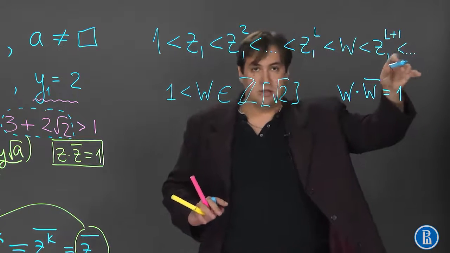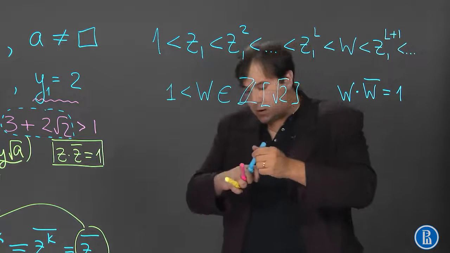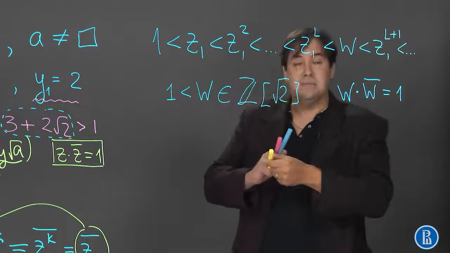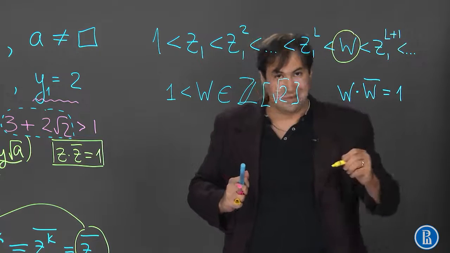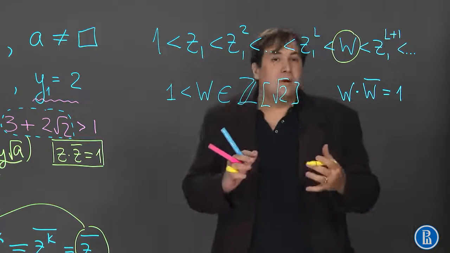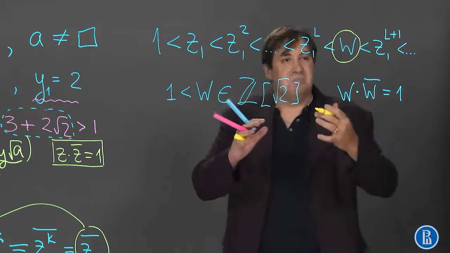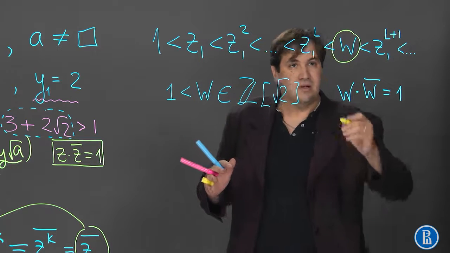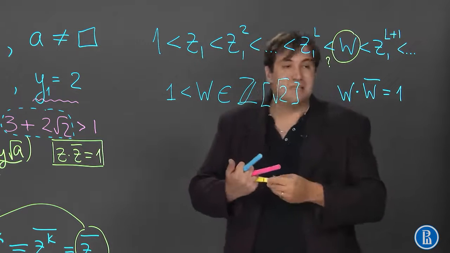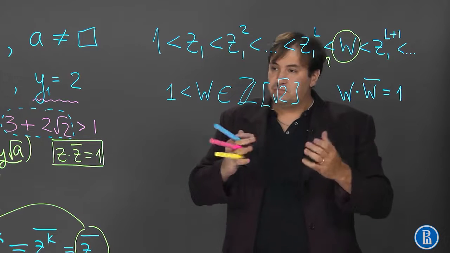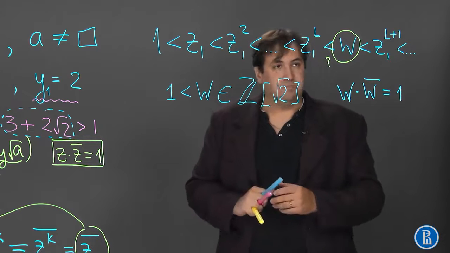The sequence continues. So somewhere between two neighbor elements of the sequence, we have this intruder w. Our goal now is to prove that this would lead to a contradiction. Well, let us begin.